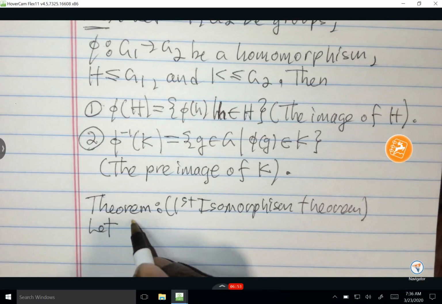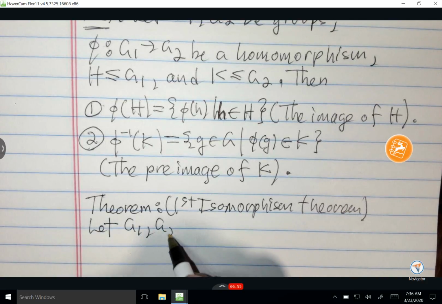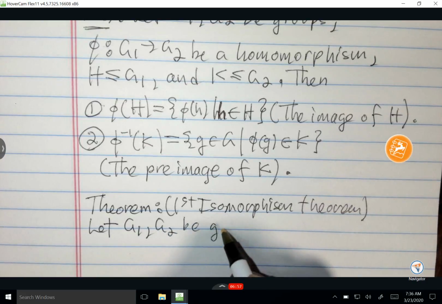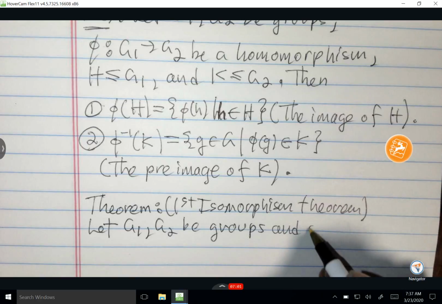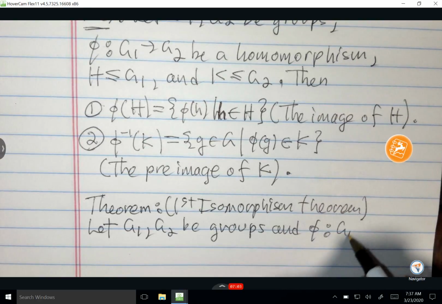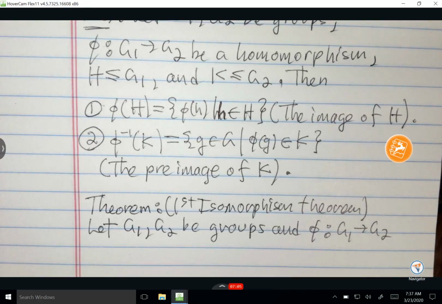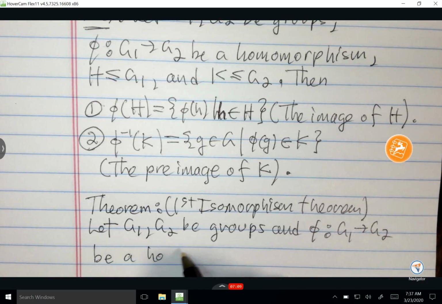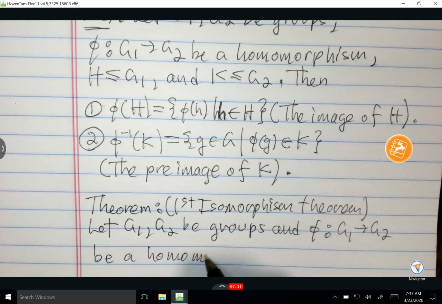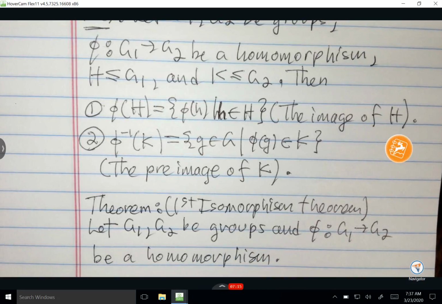Let G1 and also G2 be groups, and phi going from G1 to G2 be a homomorphism. That's all you need is two groups and a homomorphism.